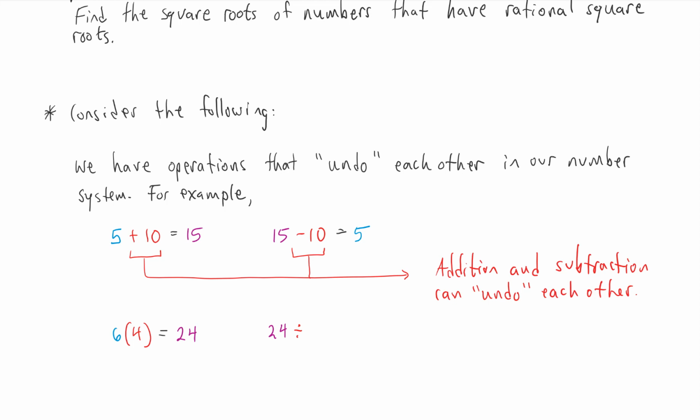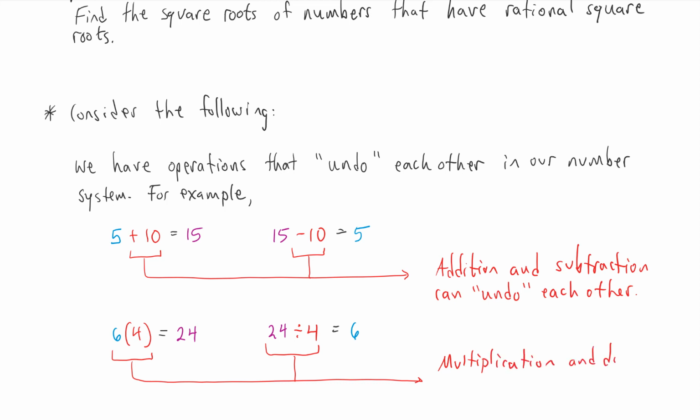Well, then I could just divide by 4 and that'll take me back to the 6 that I started with. So multiplication by 4 and division by 4, turns out they can undo each other. So once again, we see two operations, multiplication and division, can undo each other.